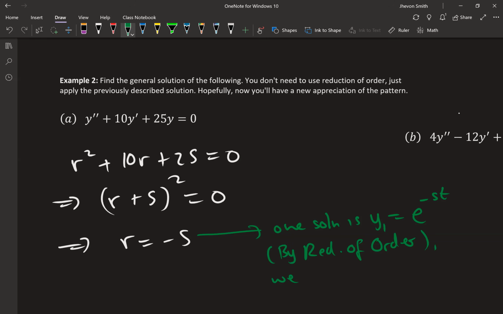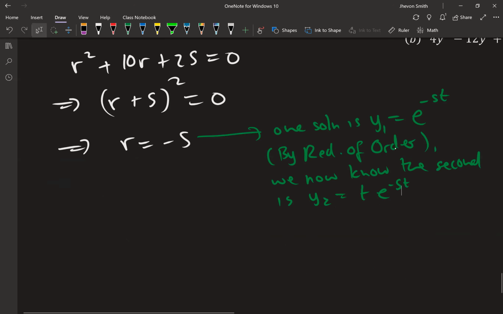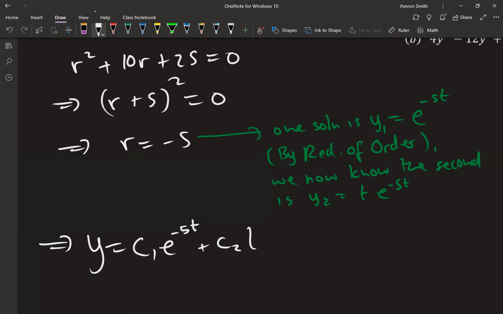We know the second one. We now know the second, and there must be 2 for a second order, is y2 equals t e to the -5t. And so this leads us to the final conclusion that the general solution is going to be c1 e to the -5t plus c2 t e to the -5t.